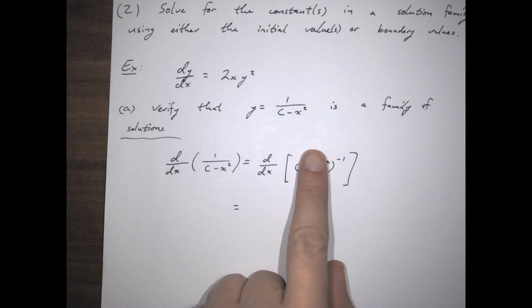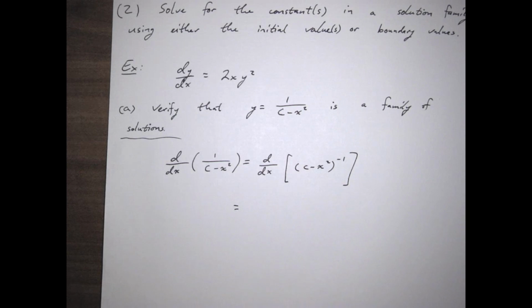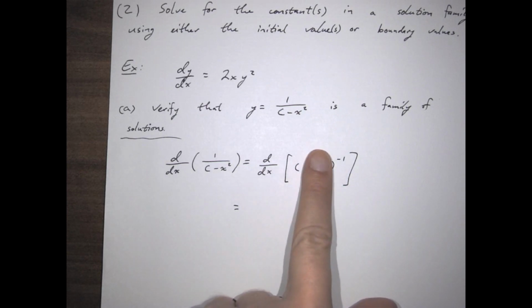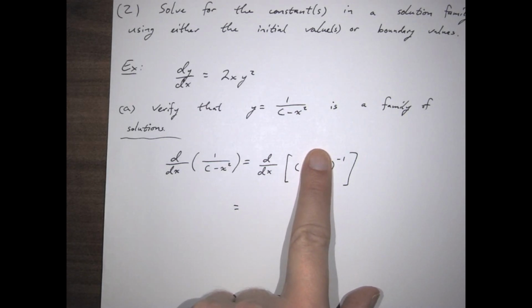And the way the chain rule works is when you have a function of x, you essentially just take the derivatives from the outside in. So first off, you find out what's the outermost function here. And the outermost function is the -1 power.